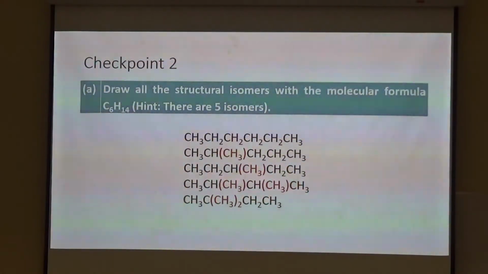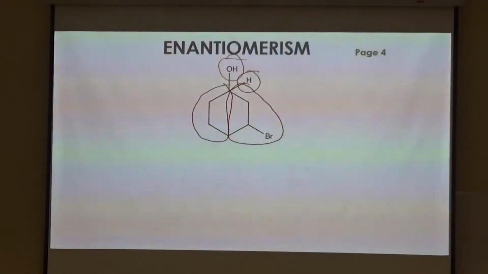So you just do 2A. You just draw the 6 structural isomers. Okay, so let's proceed. Any problem? So you just cancel your 2B. Okay.